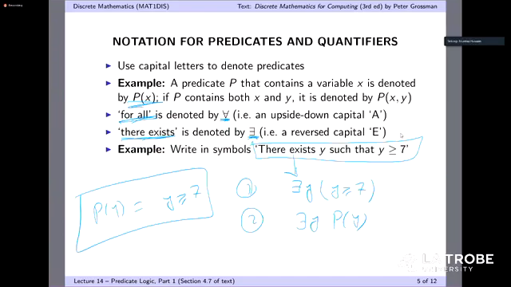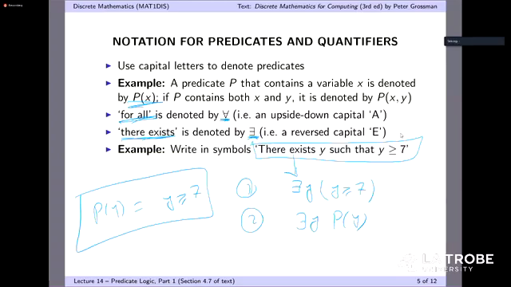So remember what we are giving here, we have given some notations, and after that we just replace those notations. For example, this reverse E stands for the quantifier there exists. This upside down A is for the quantifier for all.